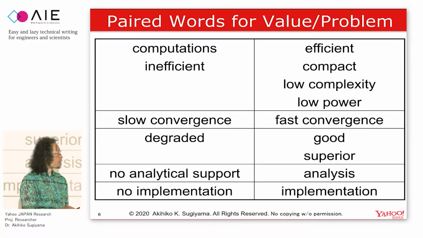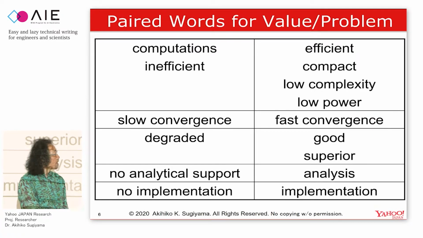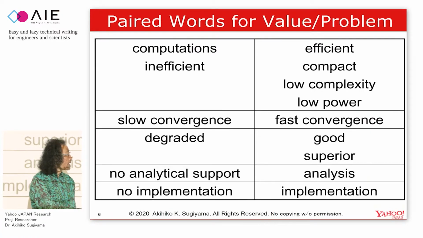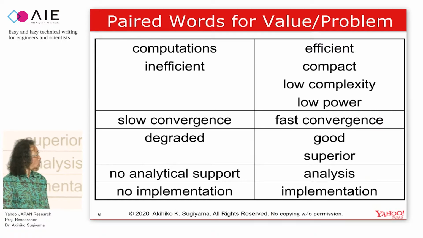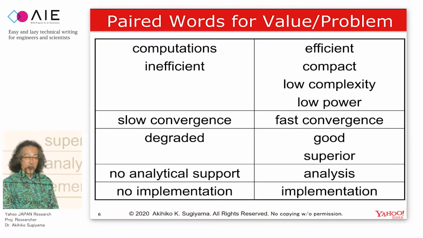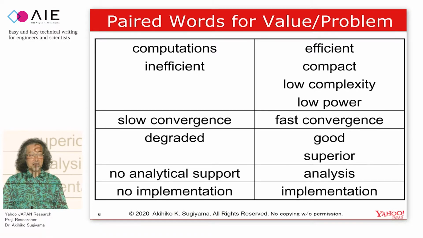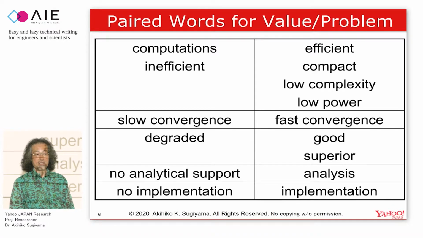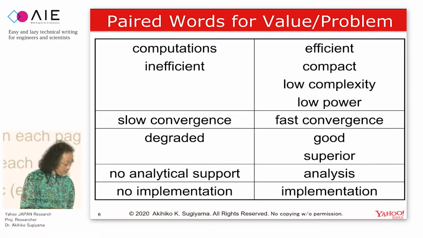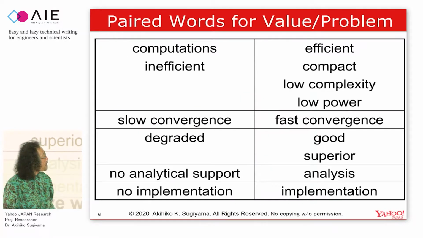Or you can also directly say inefficient, which is also opposite to efficient. Or any of these words like compact. If you design a system with a smaller number of computations, you can use a smaller number of LSIs or chips so that the whole system becomes smaller. Okay, so this is an example.